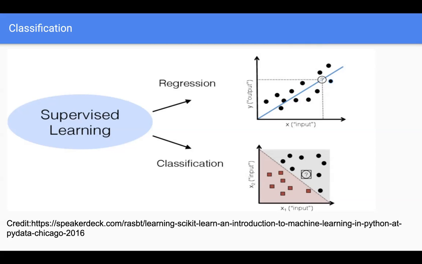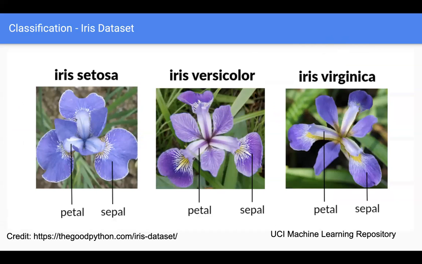Let's look more into classification based on a running example. The running example for today's class is based on the Iris flower data set.